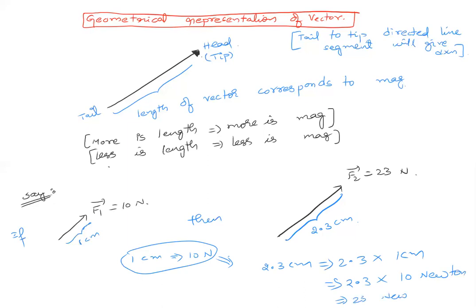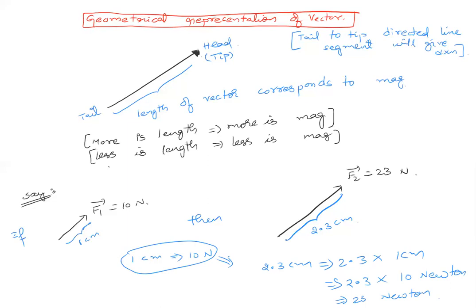So length corresponds to magnitude, I'm not referring to equality. I'm just showing it. Length corresponds అని అంటే ఎక్కువ లెంత్ ఉంటే ఎక్కువ ఉండాలి, తక్కువ ఉంటే తక్కువ ఉండాలి. So you are supposed to have a vector like this. Any doubts, feel free to ask.